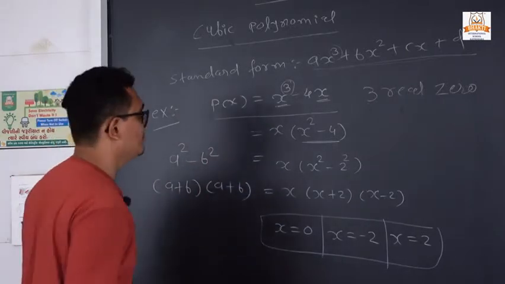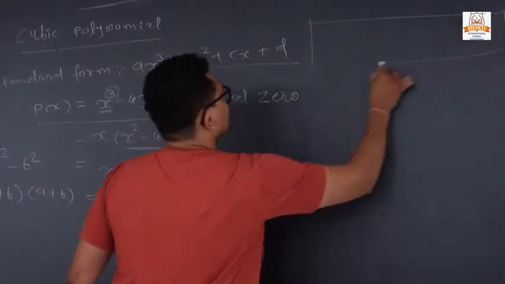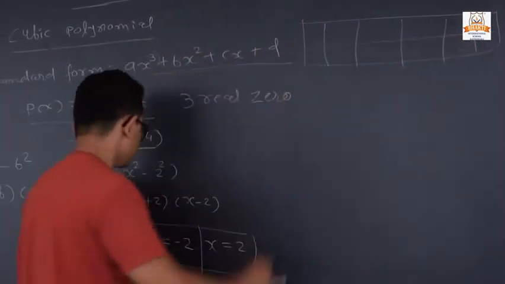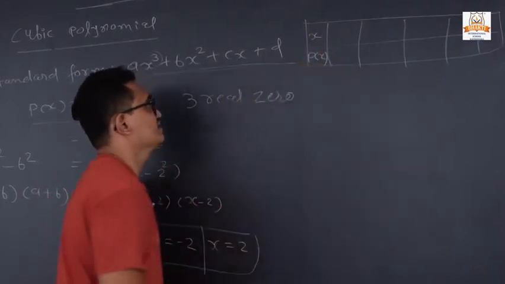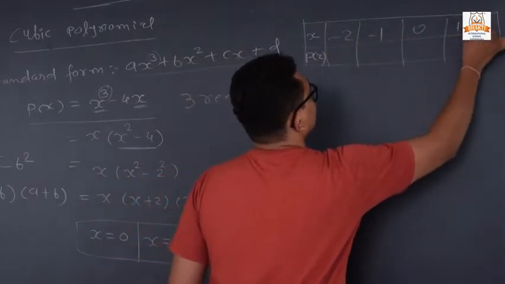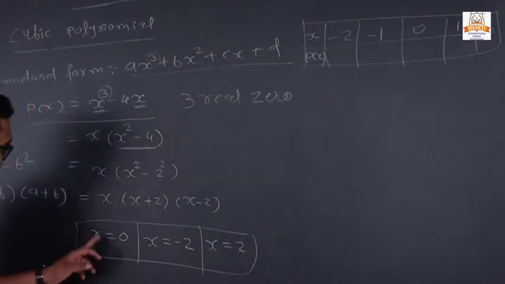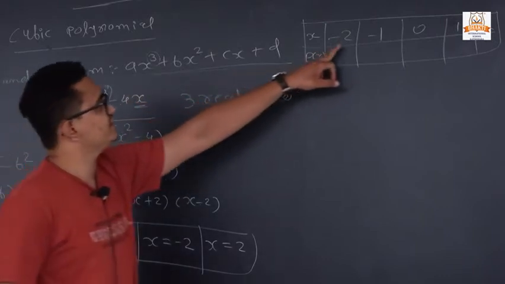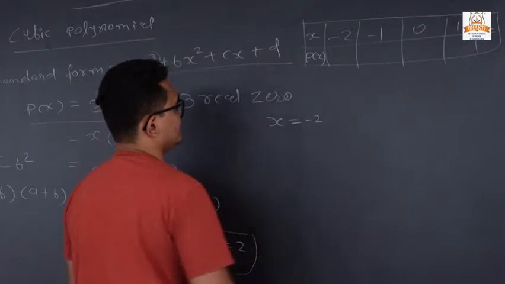For a graph, first of all we make its chart. For the chart we take different values of x. So here I am putting x and here I am putting p of x. First of all we can write minus 2, minus 1, 0, 1 and 2. Now in the polynomial we replace x with minus 2.